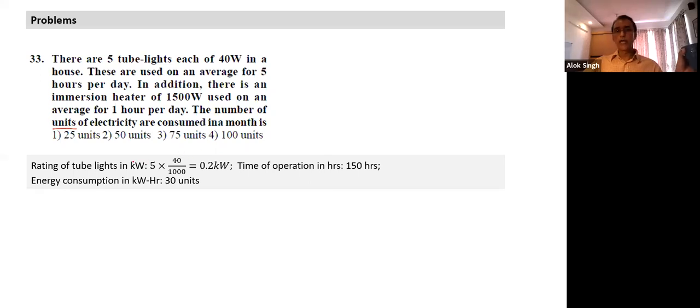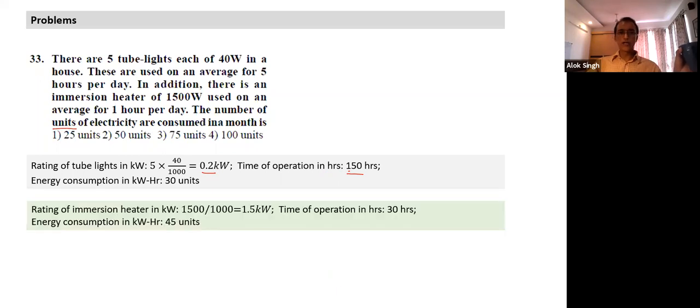What is the rating of the tube light? Rating of the tube lights in kilowatts: 5 tube lights, each one 40 by 1000, so that becomes equal to 0.2 kilowatts. They are used on average 5 hours per day, so the total number of hours of operation is 150. So the number of units consumed is kilowatt into number of hours of operation, which is equal to 30 units.